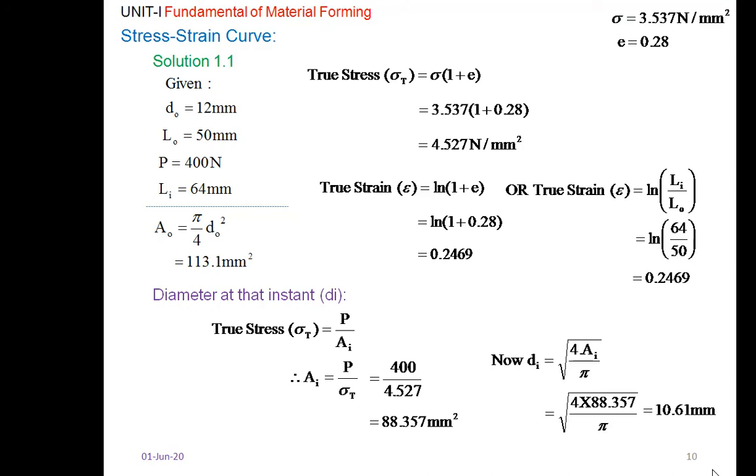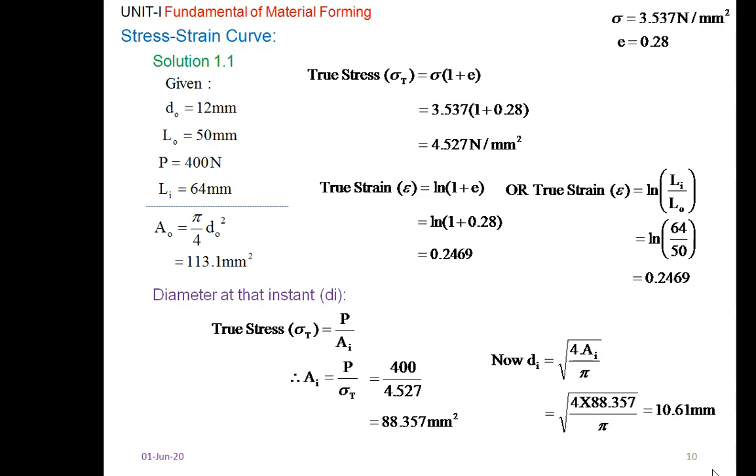Now the original diameter was 12 mm, the original length was 50 mm. So the volume before deformation and after deformation remains constant. The original diameter is reduced and the length is increased after the deformation.